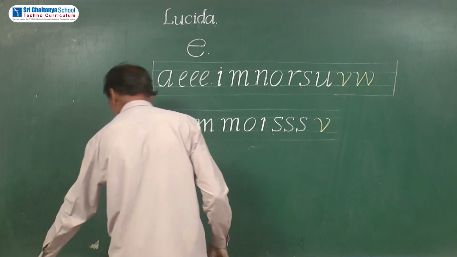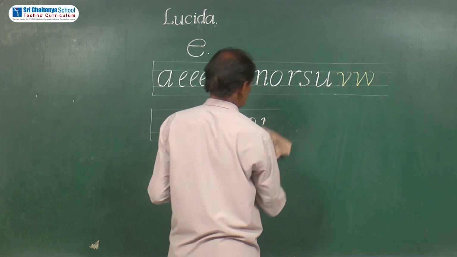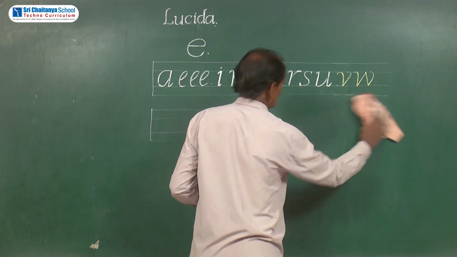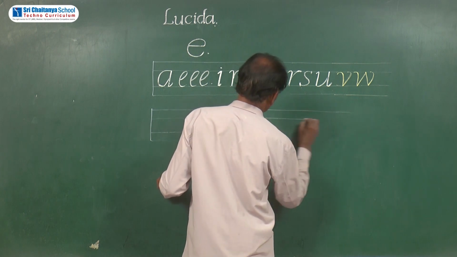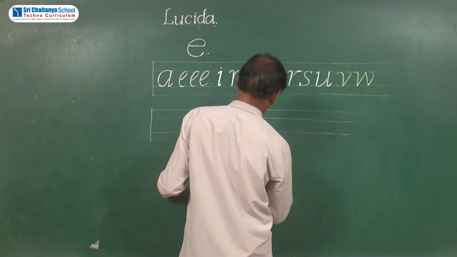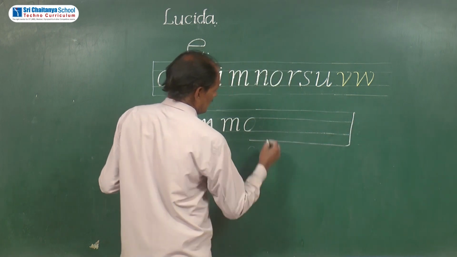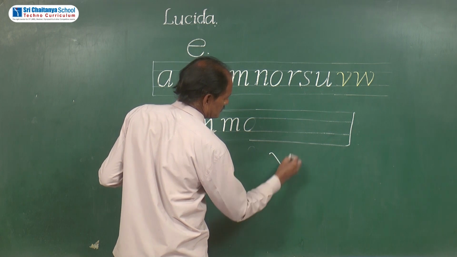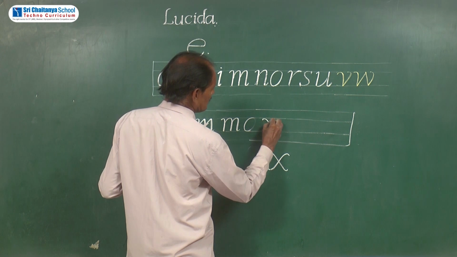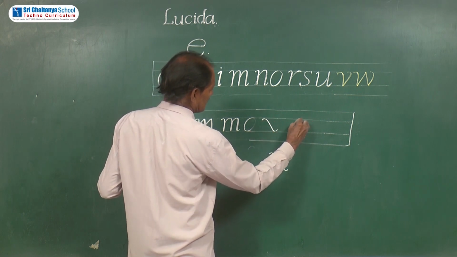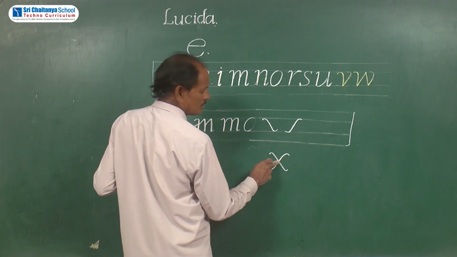Next, X. It is a combination of 2 strokes. This one is the first stroke and this one is the second stroke. These 2 strokes have to join here.